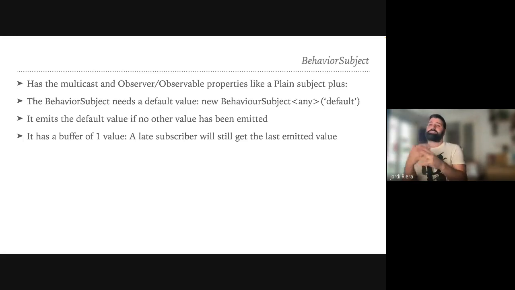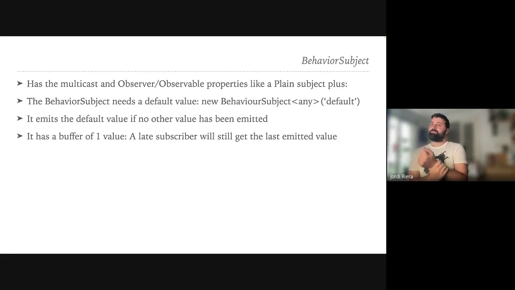The behavior subject is a specific type of subject that has the same properties like the plain subject before. So it's an observer and it's an observable. So you can pass new values to this observer, and you can subscribe to this one to get values from it.